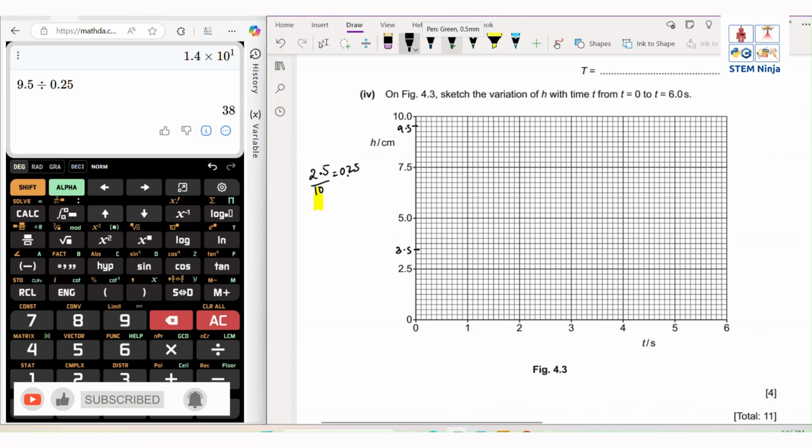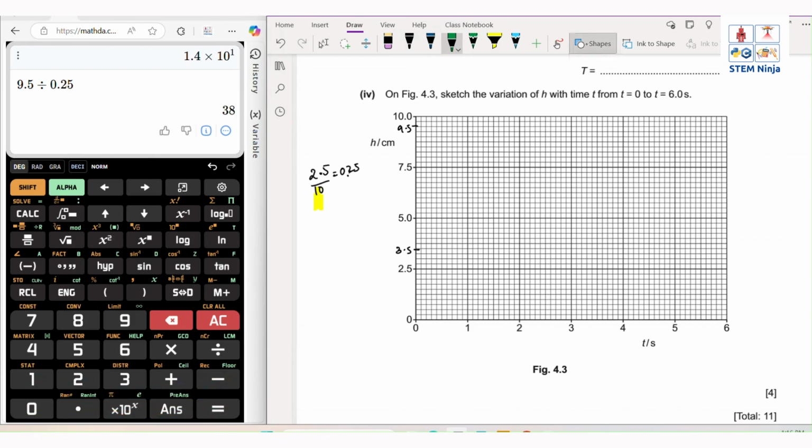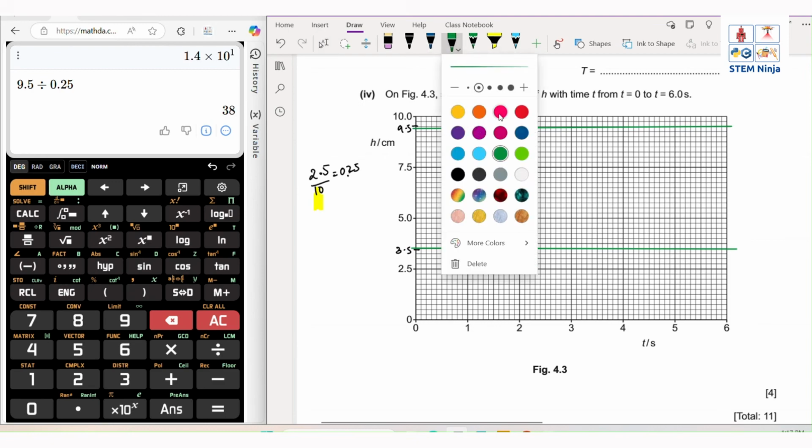Just to be good about this, let's make the maximum and minimum lines over the 9.5 like this.